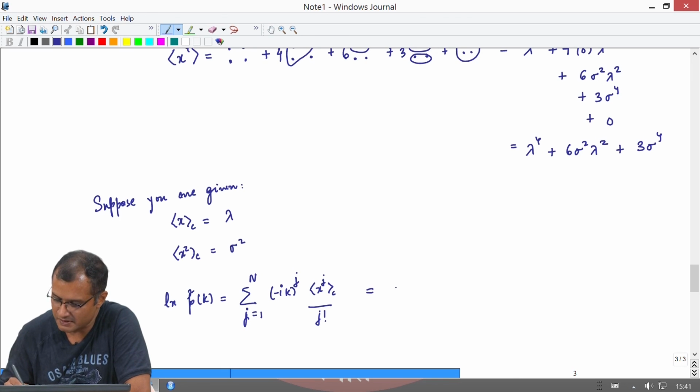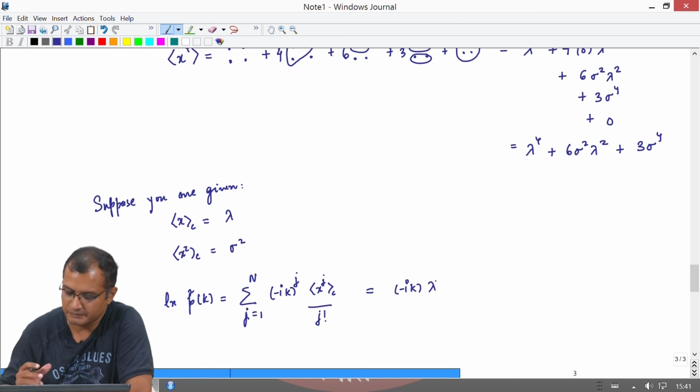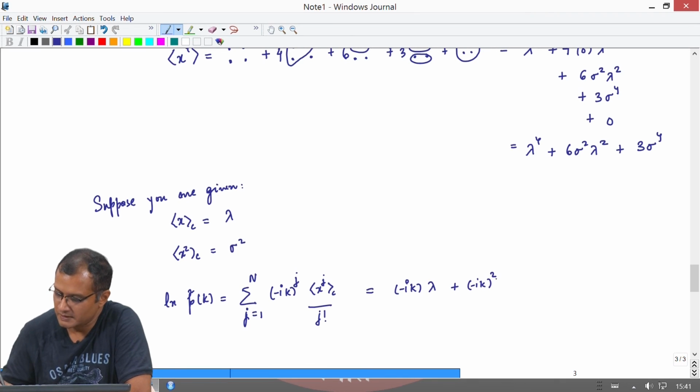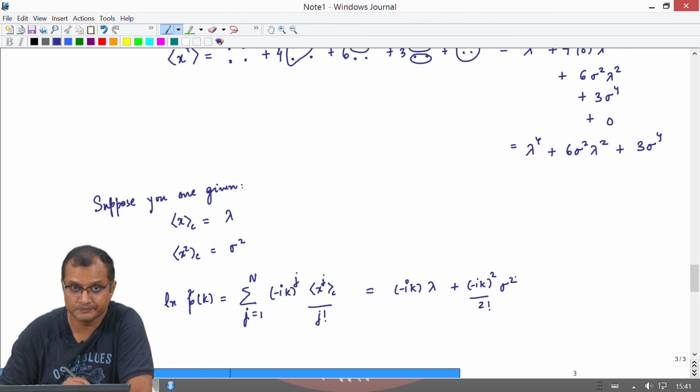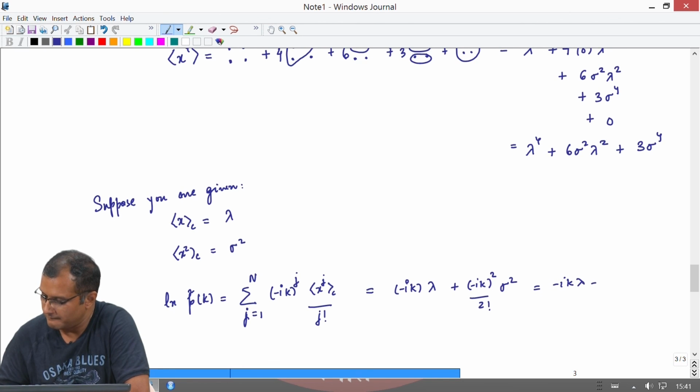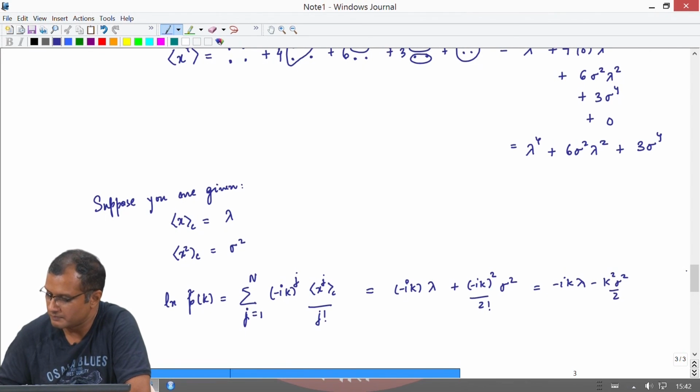So, the first term is minus i k into lambda, because that is the first cumulant, and the second term in the expansion is minus i k to the power 2 upon factorial 2 into sigma square, which is basically minus i k lambda minus k square sigma square by 2.